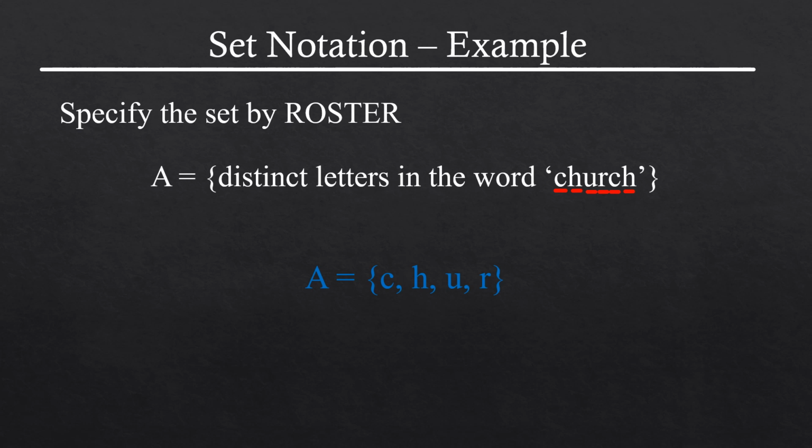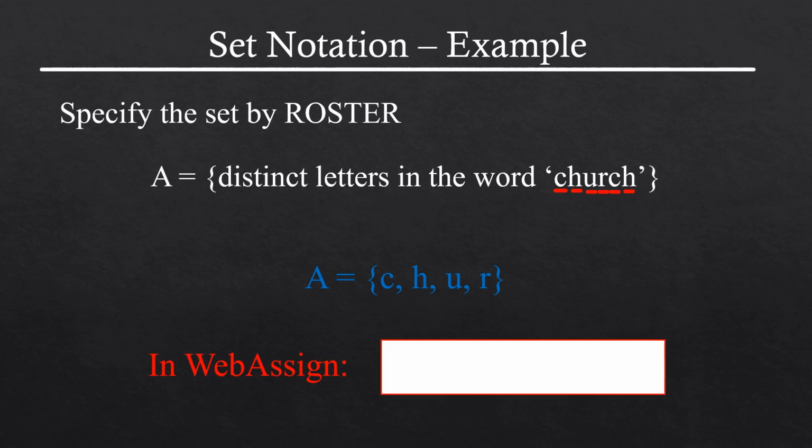Now, most of the time, the difficult part of this example is actually how you type it in WebAssign. In WebAssign, you're just going to have a box. In that box, all that they want is for you to put your bracket. Your bracket is actually next to the letter P. You just have to hit Shift, and on your keyboard it's next to the letter P. Then type C, comma, H, comma, U, comma, R, and then the other closed bracket.